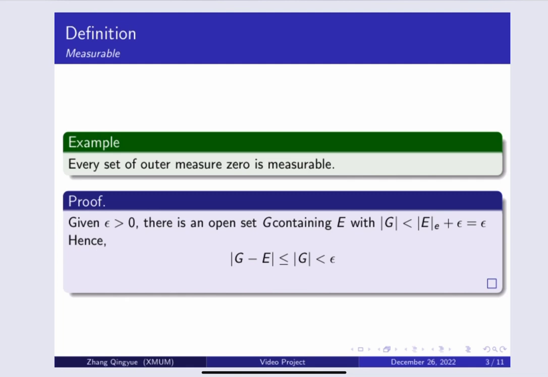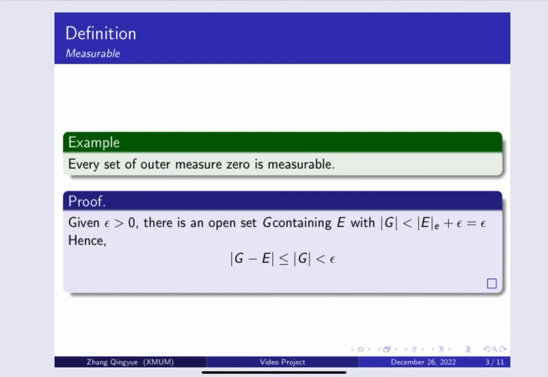We suppose the outer measure of E is 0 and given epsilon larger than 0, we have an open G containing E with the measure of G less than the outer measure of E plus epsilon, which equals epsilon, and hence the outer measure of G minus E is less than or equal to the measure of G, which is less than epsilon.